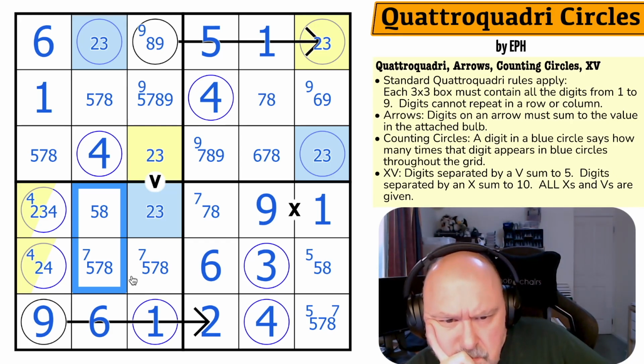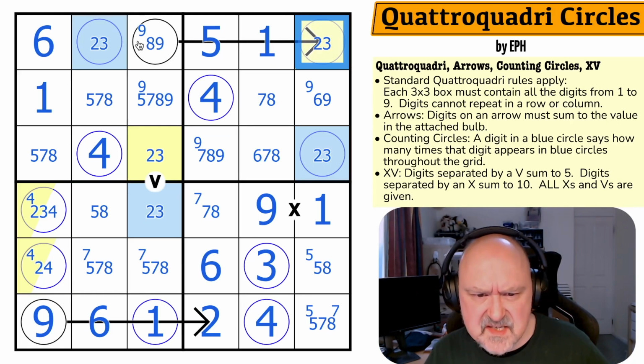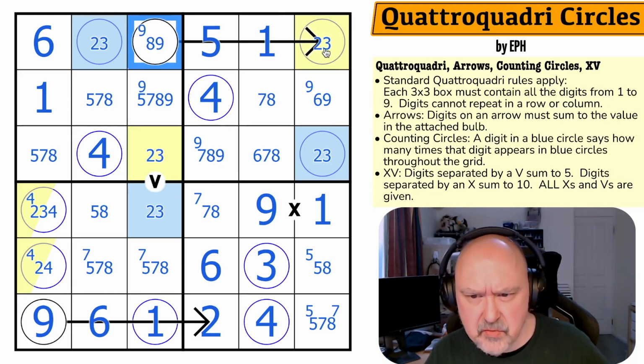The only way I can see to resolve this is say, if this is this and this is this, what happens to the whole grid? If this is 3 and this is 9, what happens to the whole grid?